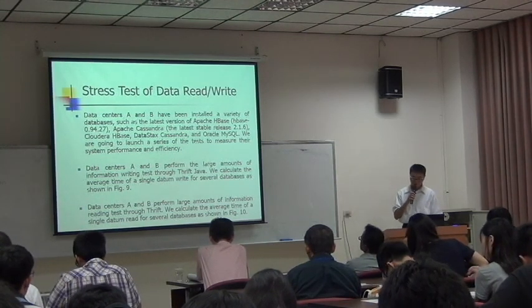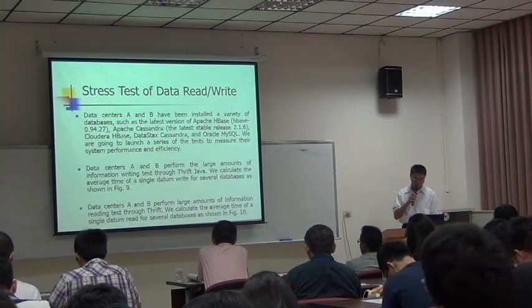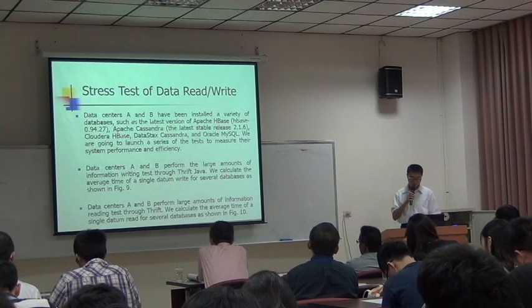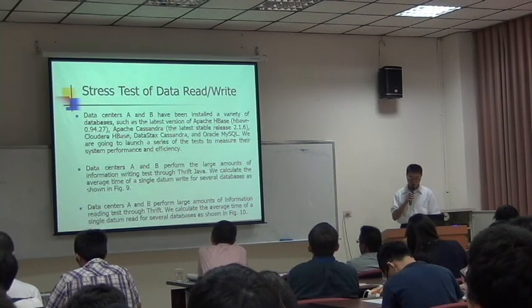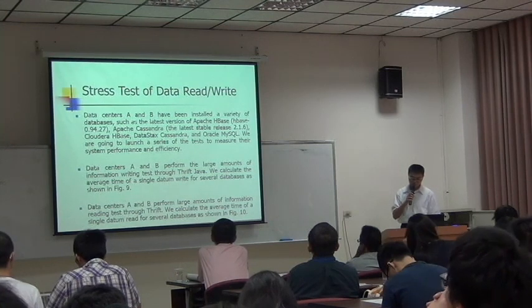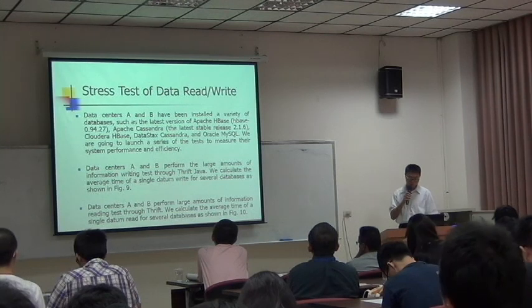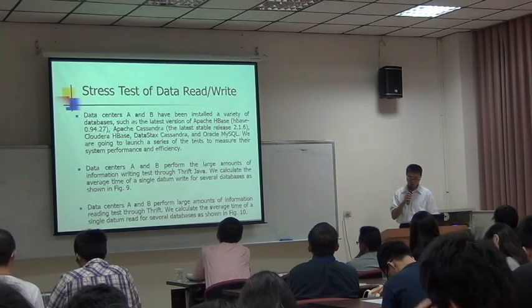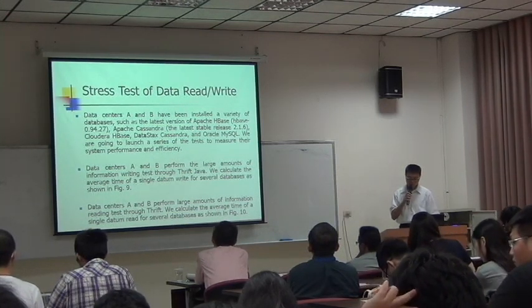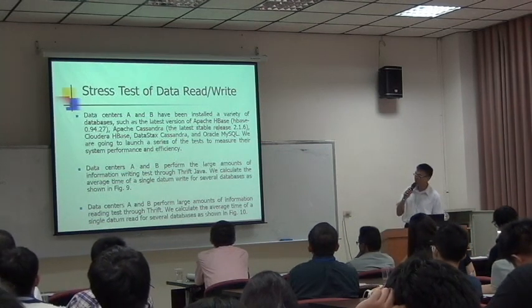Data centers A and B perform a large amount of information writing tested through Swift, Java, and we calculate the average time of a single write for several databases as shown in figure 9.